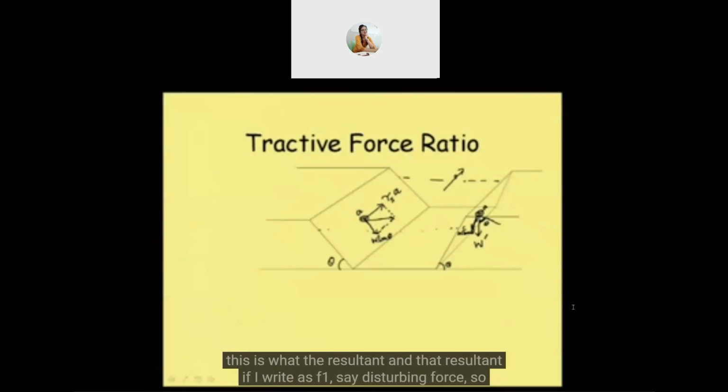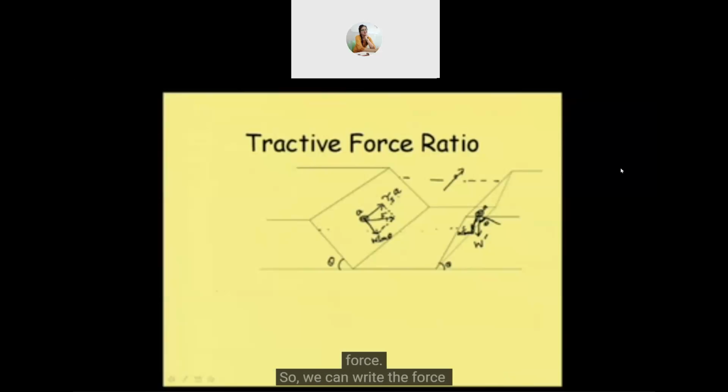So this is the resultant. And that resultant, if I write it as F1, say, disturbing force, how can we write it? This will be tau s square A square plus W dash square sine square theta, and then taking the root of that, we'll get this force.